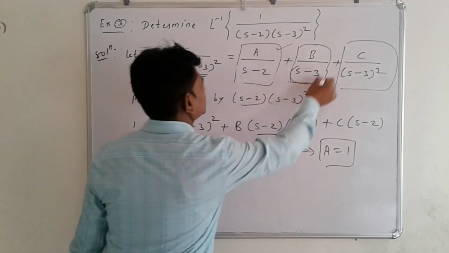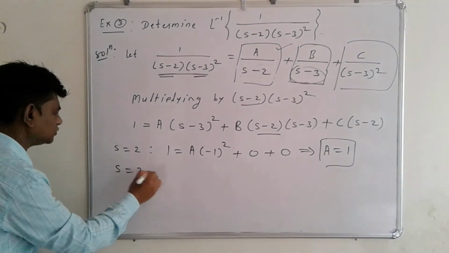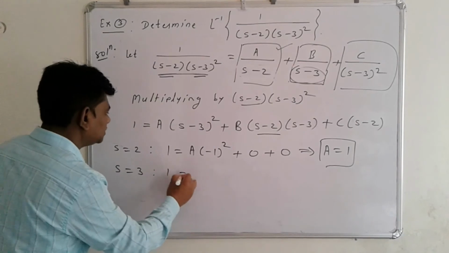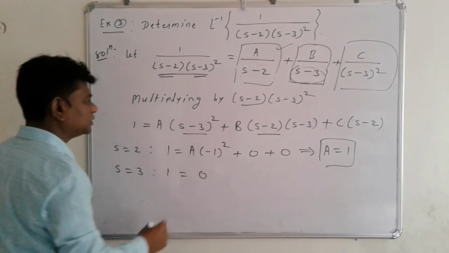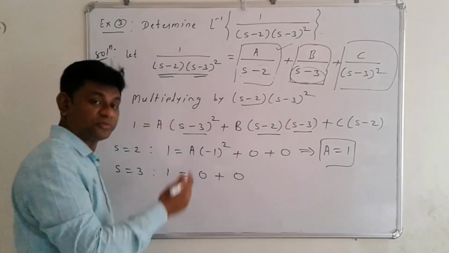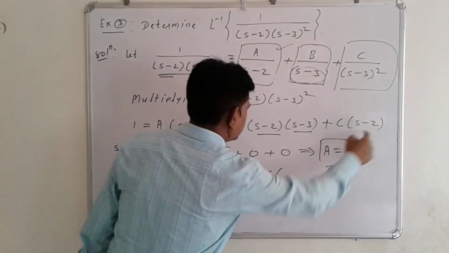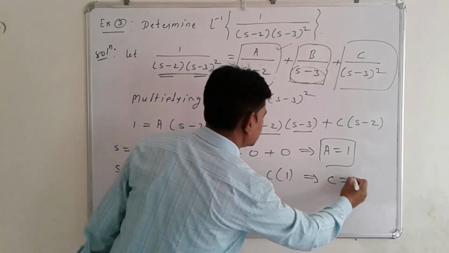Now by substituting s minus 3 equal to 0, that means s is equal to 3. Now this 1 is equal to A times 0, so the first term is 0, plus the second term is also 0, plus C times (3 minus 2), which is 1. This implies that C is equal to 1.